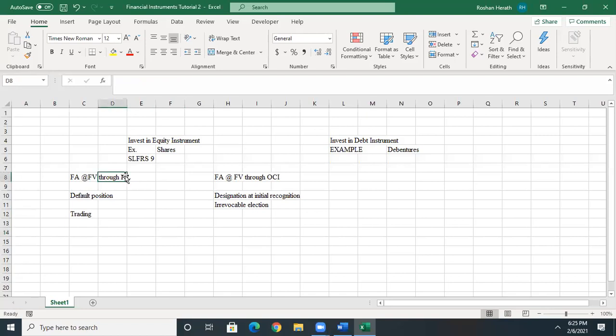If your purpose is trading, you cannot designate it as financial asset at fair value through other comprehensive income. The designation is only possible if your purpose is other than trading.